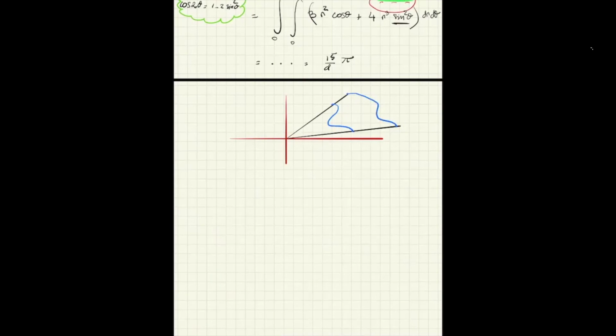This is exactly the type 1 and type 2 things. If you understand that way, you're going to understand this way. The answer is 15/2 pi.